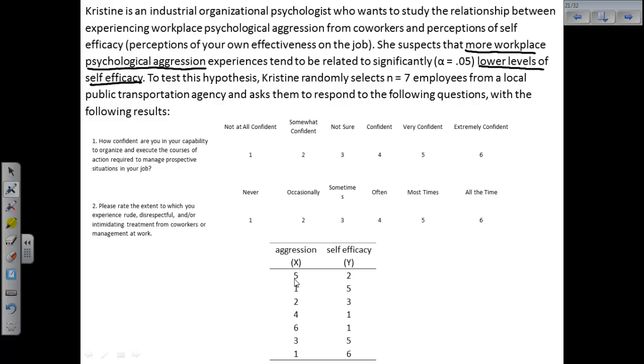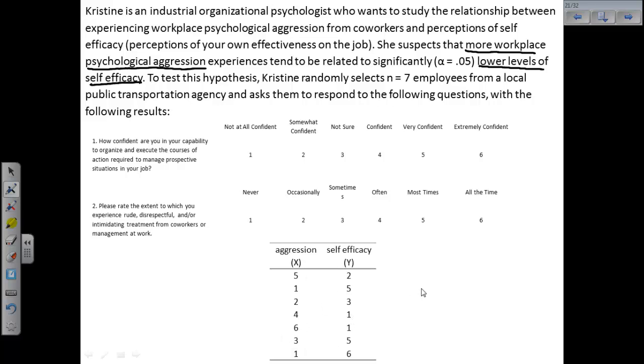So this first person rated themselves as experiencing rude, disrespectful, and intimidating treatment from coworkers or management as a most times, and they rated their self-efficacy saying that they're somewhat confident in their capability to organize and execute the courses of action required to manage prospective situations in their job. So we've got 1, 2, 3, 4, 5, 6, 7 people.